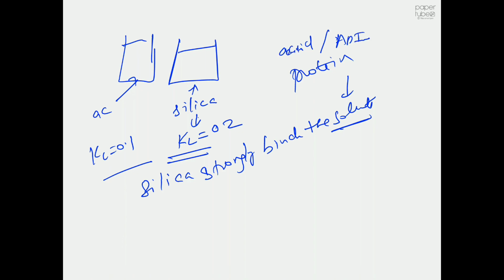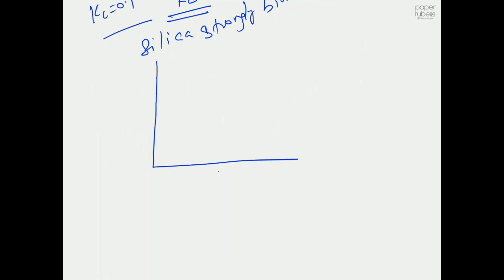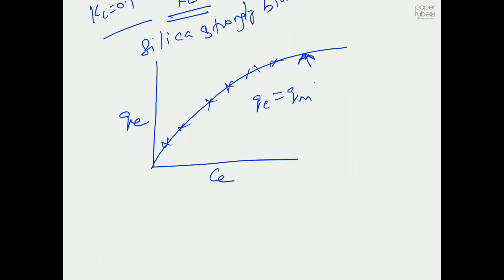Anything it can be. I hope you all understand up to this point. So what we do is, if we have CE and QE, you get something like that, and this relation will follow this particular expression: QE is equal to QM KL CE divided by 1 plus KL CE.